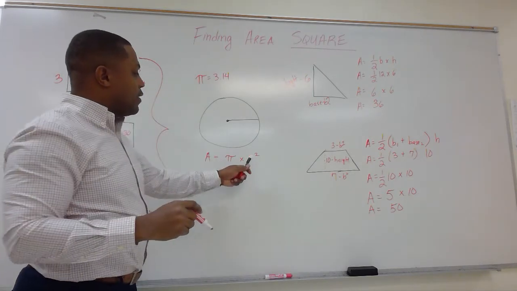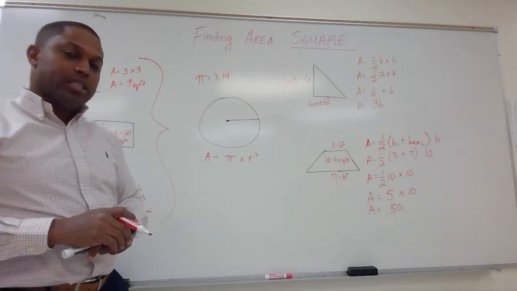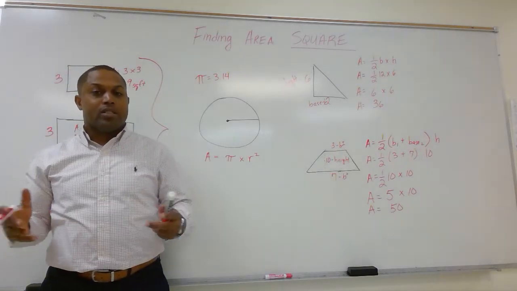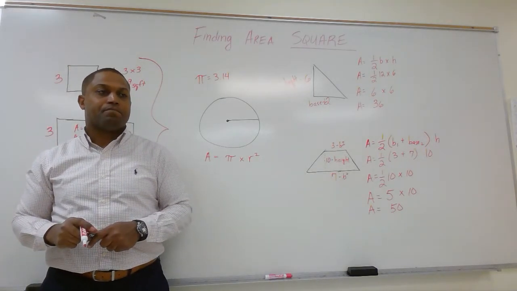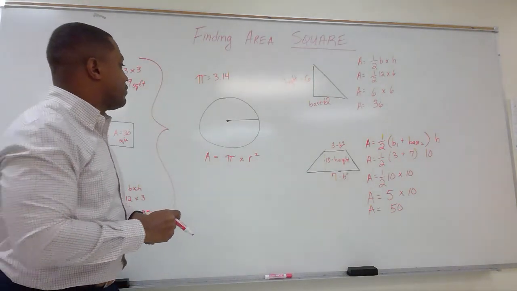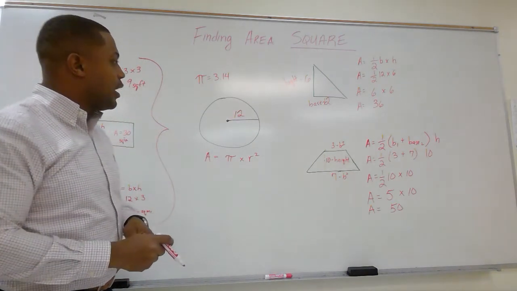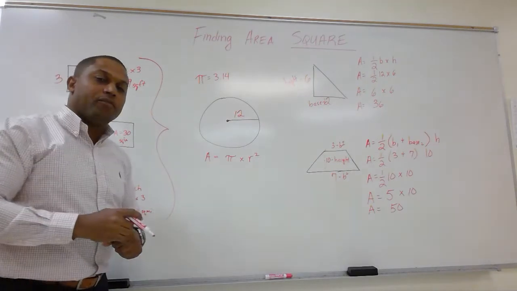The radius is the distance from the center of a circle to the edge of the circle. Let's make this radius 12, and we'll say that's 12 feet.